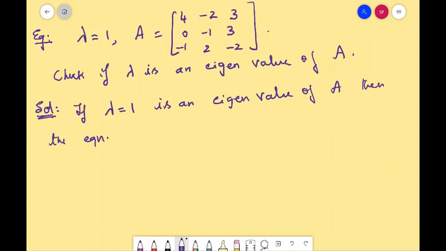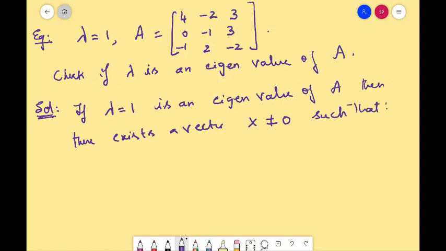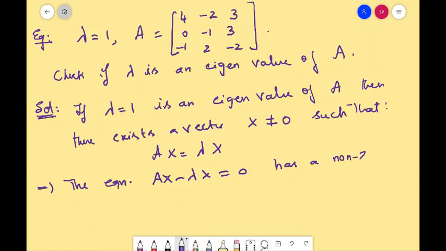there exists a vector x not equal to 0 such that Ax is equal to lambda x. That implies the equation Ax minus lambda x is equal to 0 has a non-zero solution.